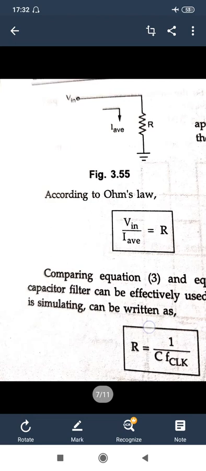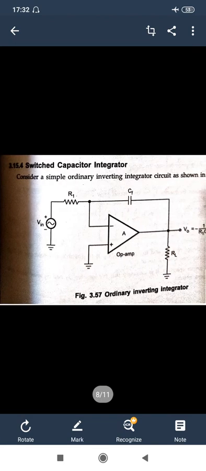Now when we talk about the applications, we take the switched capacitor integrator circuit. It is the normal inverting integrating op-amp circuit, in which we replace R1 with its switched capacitor equivalent circuit.